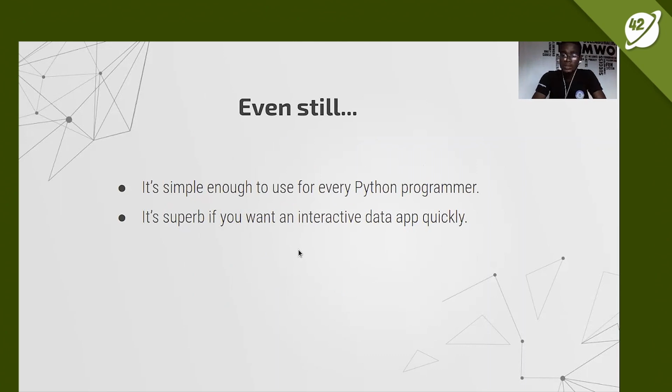Even with all the cons, Streamlit is simple enough to use for every Python programmer who is comfortable with Python basics, and it's superb if you want an interactive data app very quickly. I've done this while working on an NLP project, when I just wanted to see how my model was performing so far. I could spin up a web app in less than 30 minutes, and I feel that's quite cool.